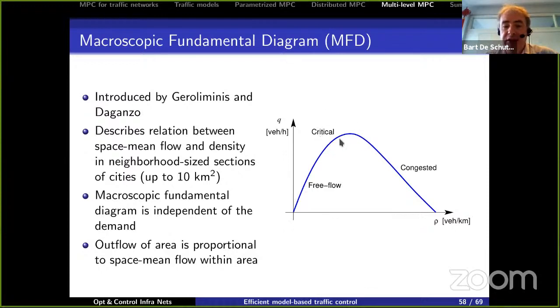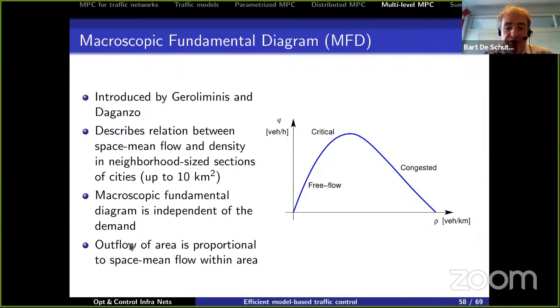You reach a critical density, and then you typically get a breakdown. Earlier on in the slide, this was for one particular freeway, but this similar type of behavior can often be seen in city areas up to 10 square kilometers. And this is an important relation that we can then use to describe the behavior of entire areas.